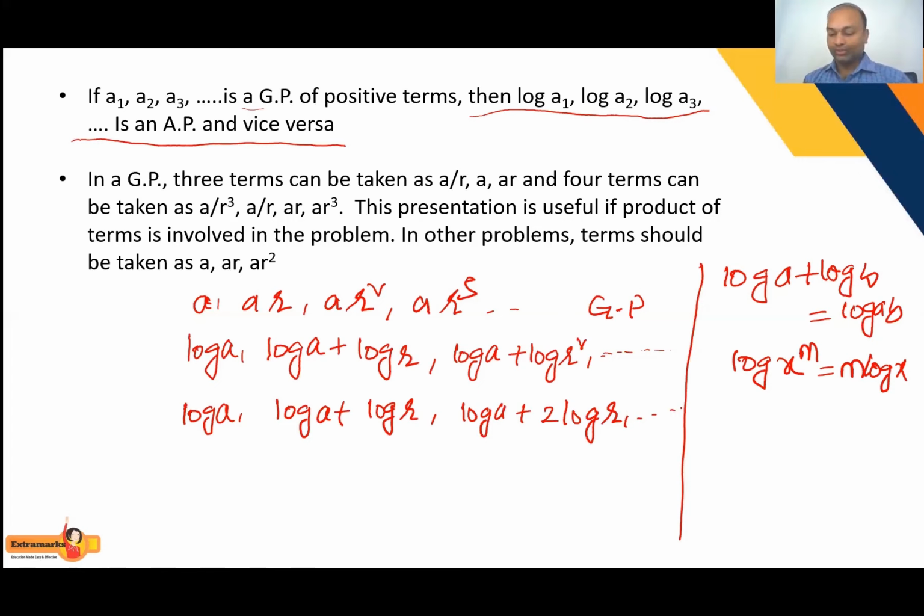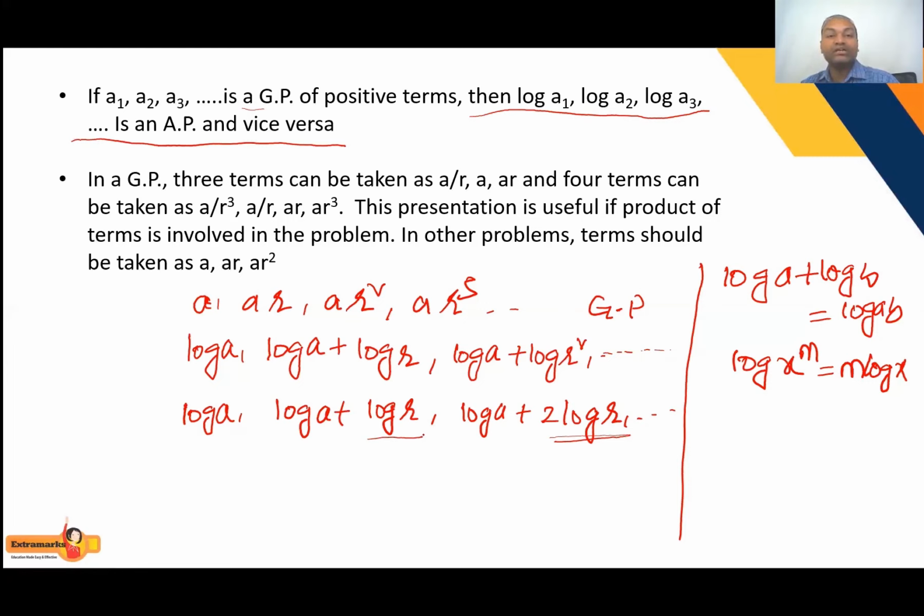Now observe this one: second term minus first term, log a cancels; third term minus second term, log a cancels; 2 log r minus log r, 2 log r minus log r, answer will be what? Log r. So here you observe that the differences are the same, right?